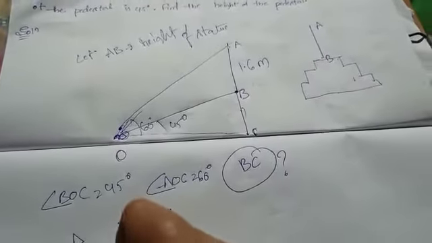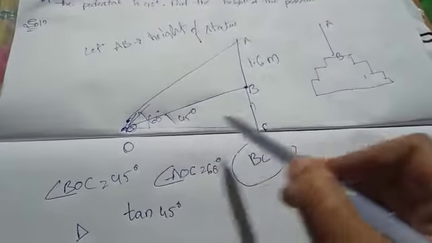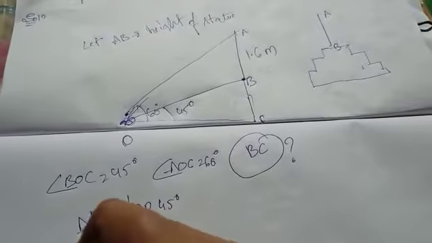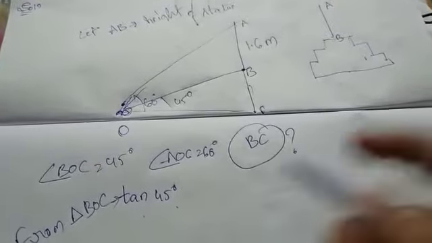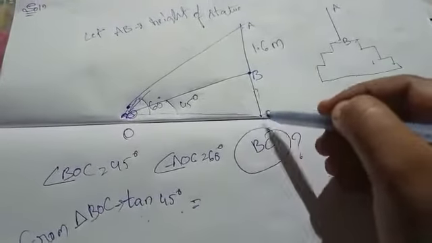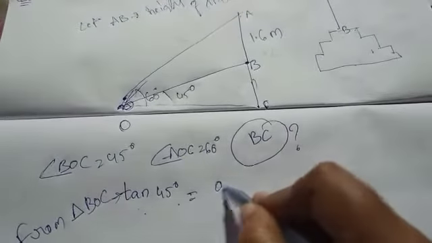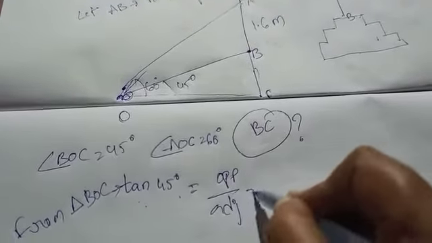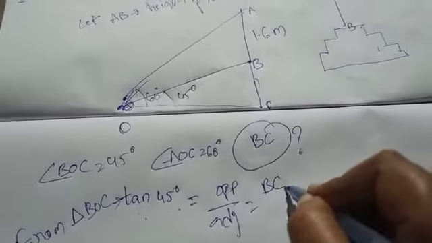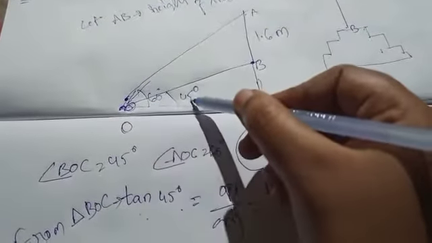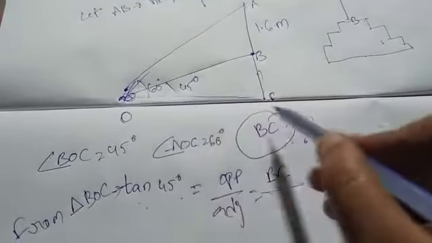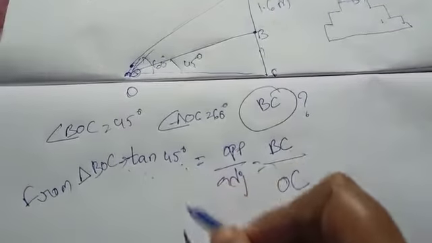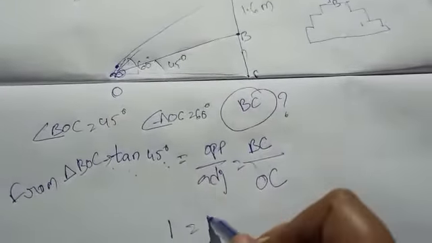From triangle BOC, tan 45 degrees. Tan theta equals opposite side by adjacent side. The opposite side is BC. BC is the side opposite to the angle 45 degrees. The side adjacent to the angle 45 degrees is OC. Tan 45 value is 1, so 1 equals BC by OC. Here OC equals BC.